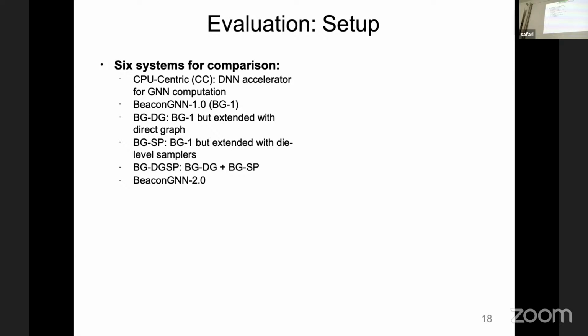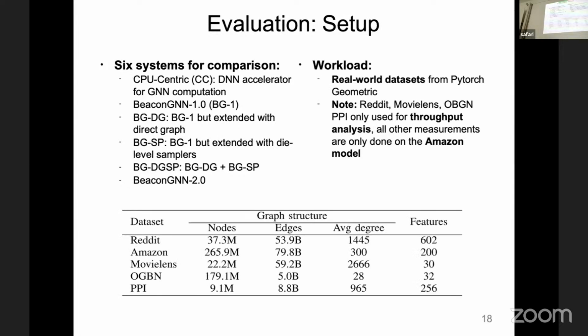Then they compared against GNN 1.0, which is supposed to be the state-of-the-art ISC from previous works. Then they include direct graph to see what impact direct graph has. Then they have a version where they only add the die level sampler. Then they have a version where they have the direct graph and the sampler, and then the full 2.0 setup.